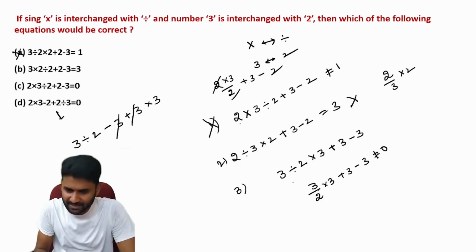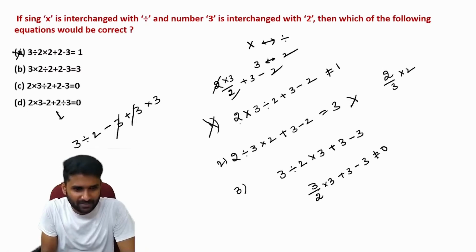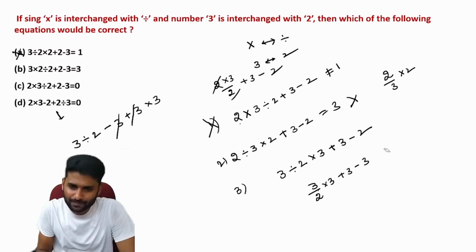Let's check with the C. So 3 divided by 2 into 3 plus 3 minus 2. You can see 3 divided by 2 into 3 plus 3 minus 2. Okay, last one.